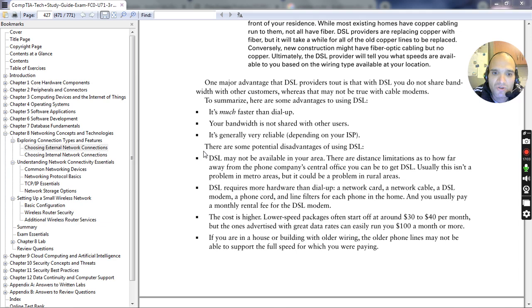In addition, there are some potential disadvantages of using DSL. DSL may not be available in your area.